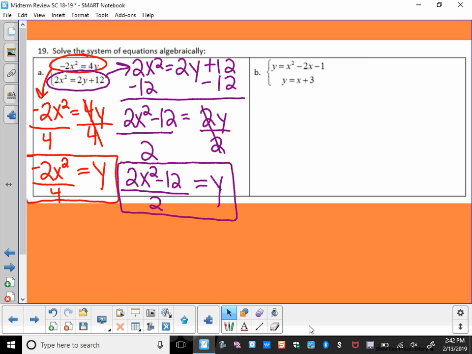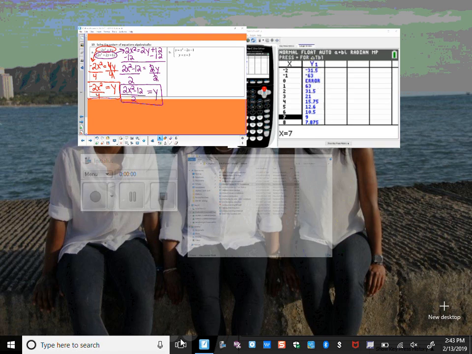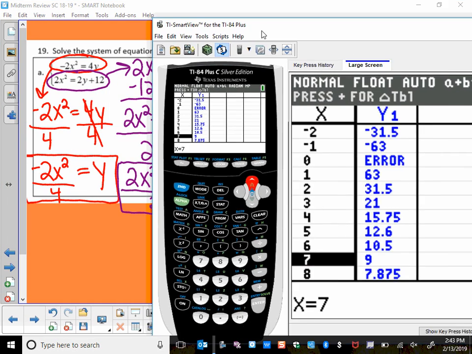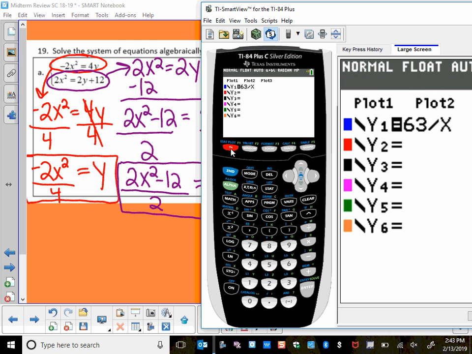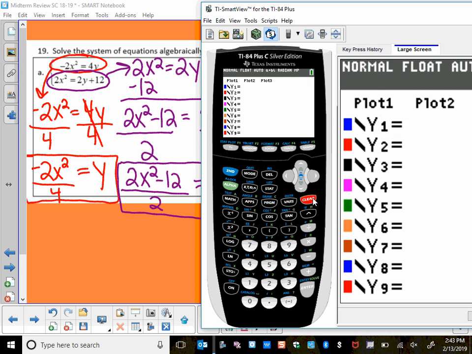Once you have those two things, solve for y, grab your calculators. You guys have them? Are you still solving? Grab your calculators. Let's type this in. Go to your y equals. If you have a fraction, I highly recommend you put the top in parentheses.